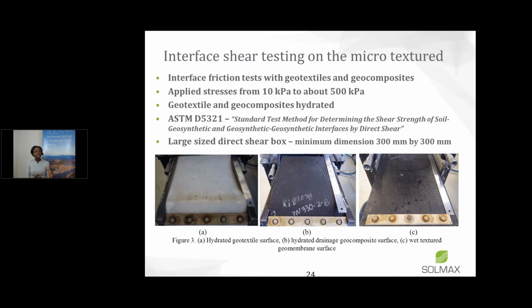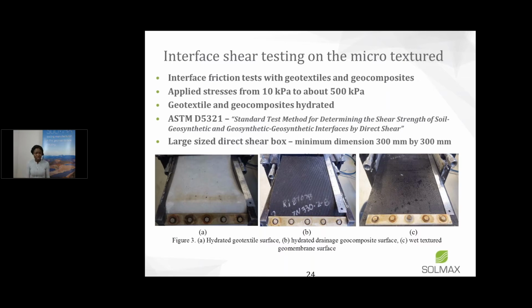Also, we ensured that the geotextiles and the geocomposites were hydrated during the testing. And all of the testing was performed as per the ASTM test method for large-scale direct shear testing. They were all performed in 300 millimeters by 300 millimeters minimum size direct shear boxes.